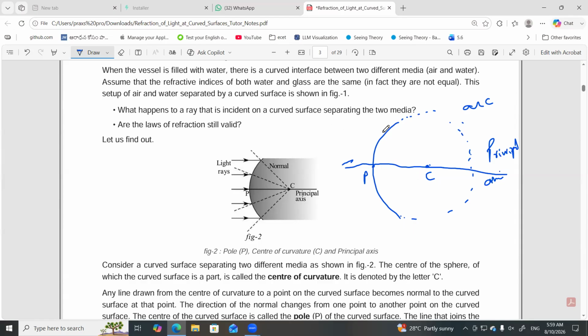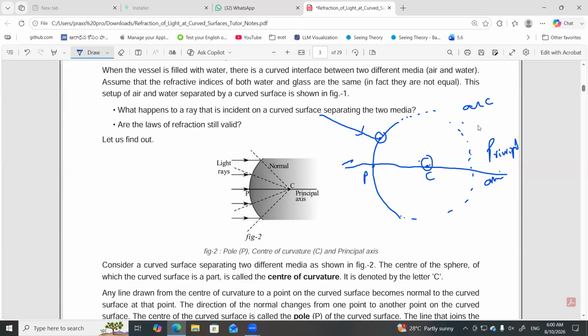Now any light ray which is coming towards the spherical surface, how to draw the normal for this line? This point is the point of contact and center of curvature.